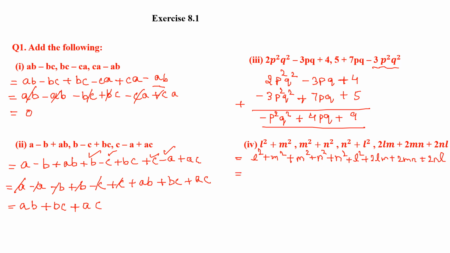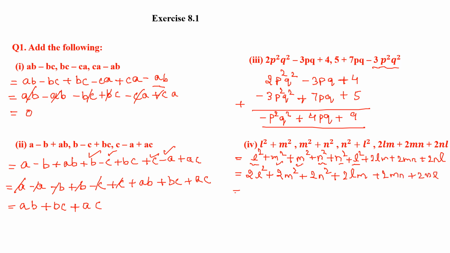Now you can see here if you group the like terms, here is L square, here is also L square, so it will become 2L square. Then m square plus m square is also 2m square, plus n square plus n square is 2n square, plus 2lm plus 2mn plus 2nl.